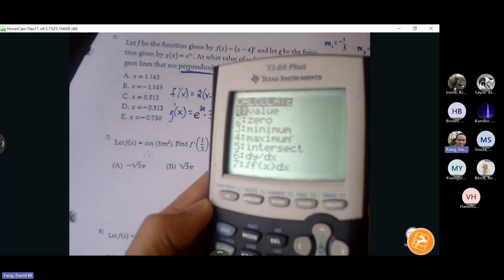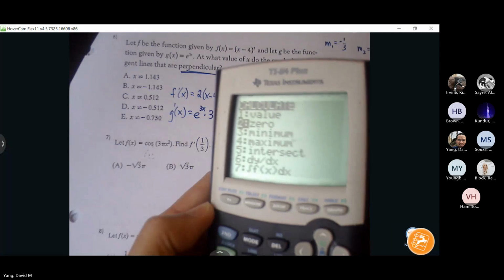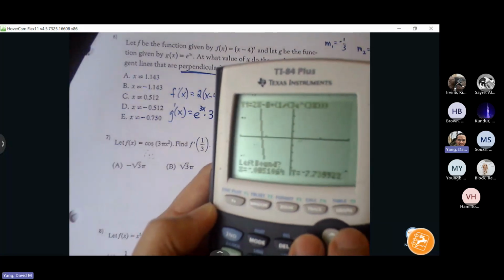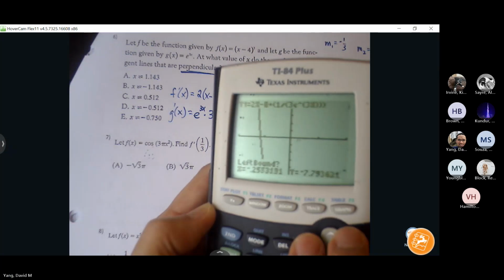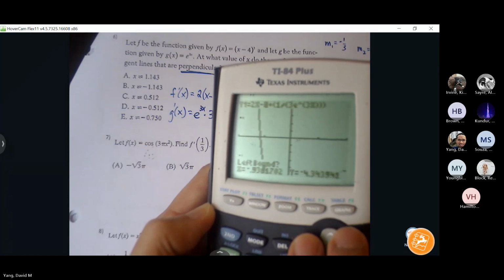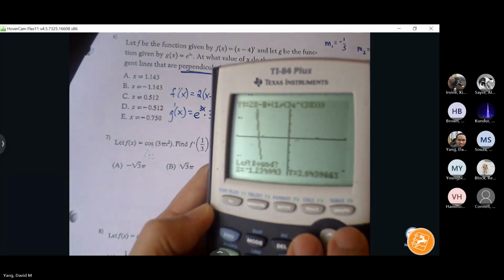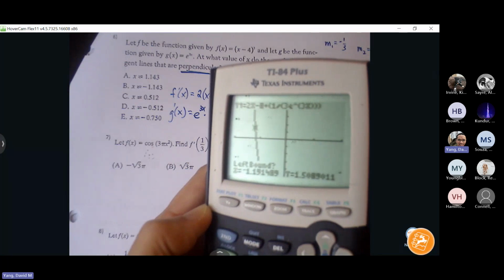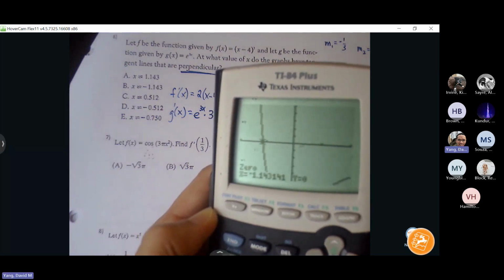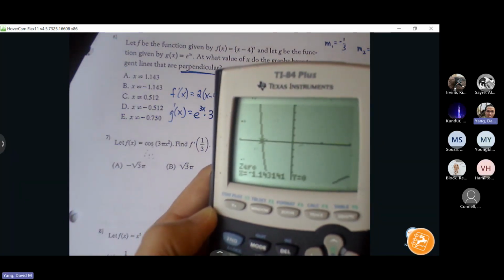We're looking for an x-intercept. Pick a point to the left of the x-intercept for the cursor. There it is. Hit enter once, and then move over to the other side of the x-intercept, hit enter again, hit enter a third time: -1.143. There's my solution.